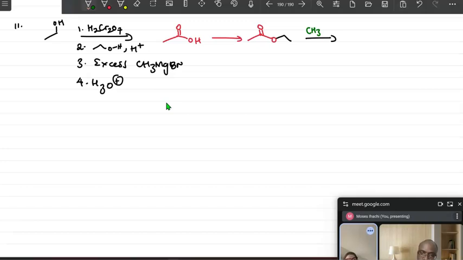Yeah, you have to use two. Do you have to use two equivalents on this because it's an ester? Ester. I do that every time. What is an ester? COC. Okay.